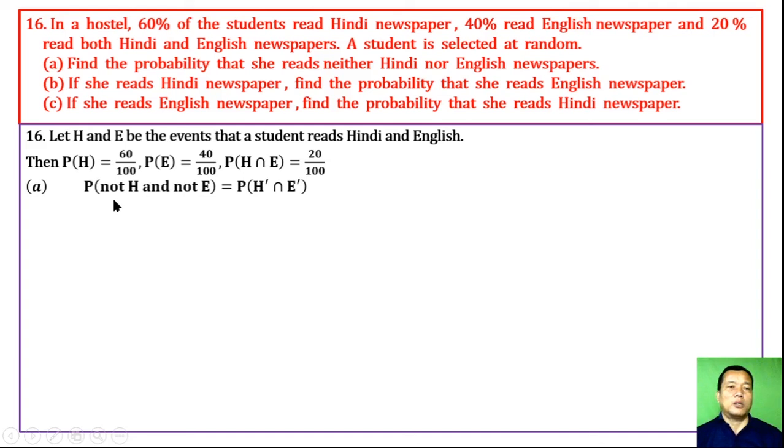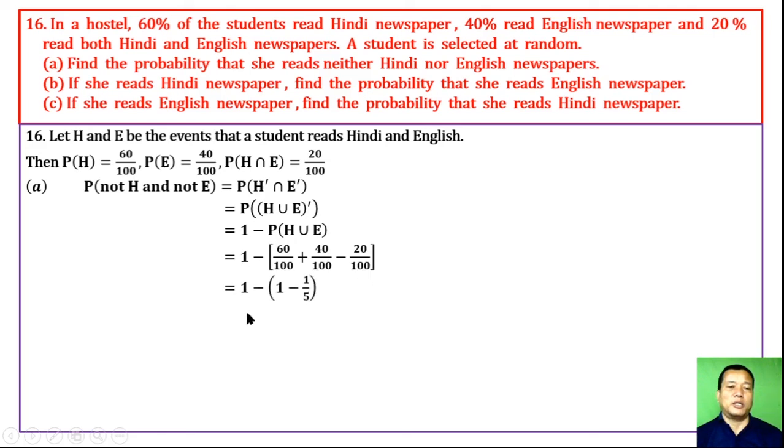For first one, probability of not H and not E. This in symbol is P of not H intersection not E, which is equal to P of not of H union E, which is equal to 1 minus P of H union E, whose value is 1 minus 60 by 100 plus 40 by 100 minus 20 by 100. Simplify, we get 1 by 5, which is the required probability.